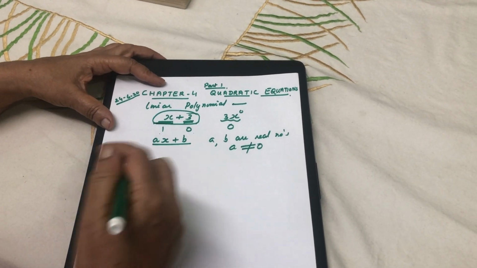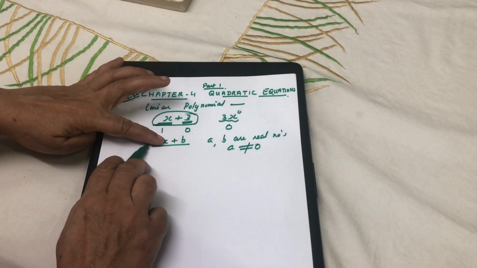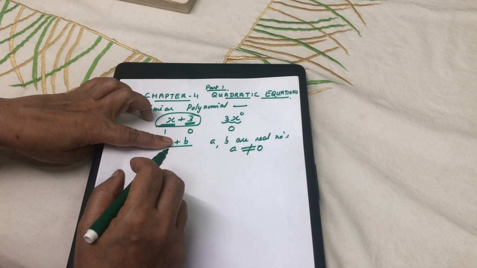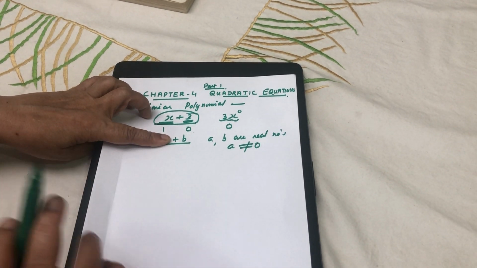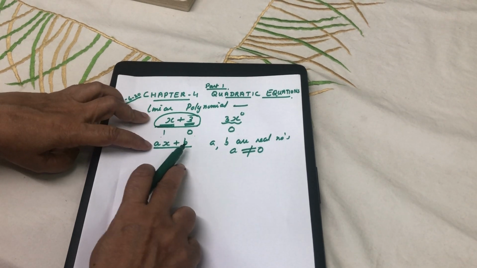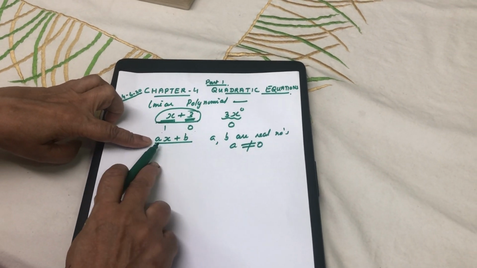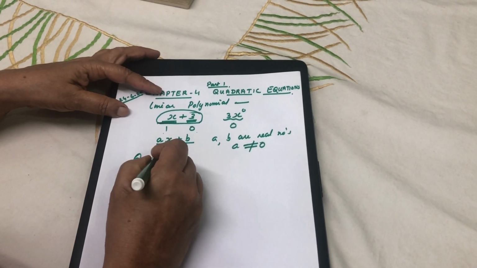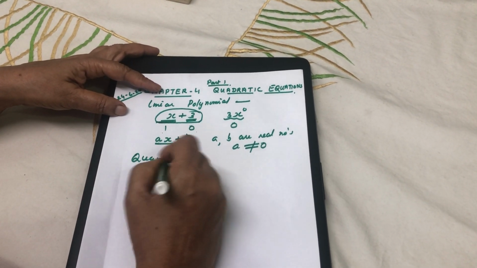So here a cannot be 0. When a becomes 0, the term with x becomes 0, and then it is only a constant term. The degree of a constant term is 0, therefore when a becomes 0, it is not a linear polynomial. The next is the quadratic polynomial.